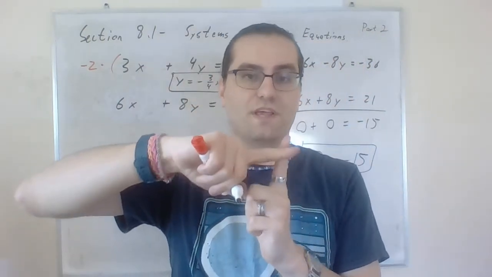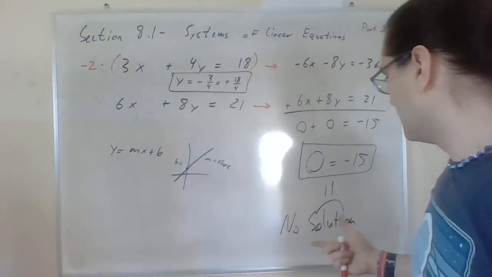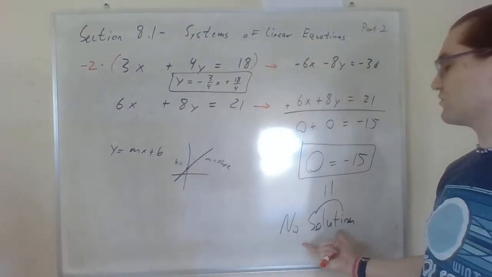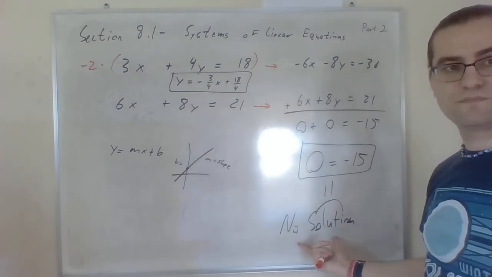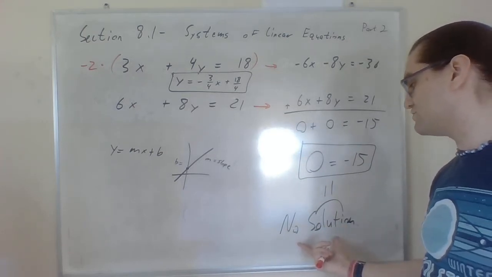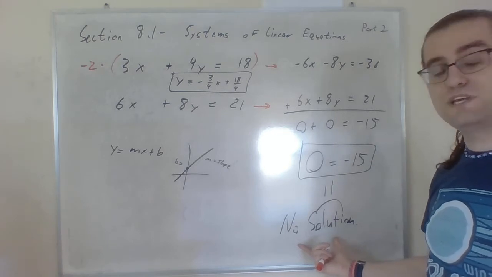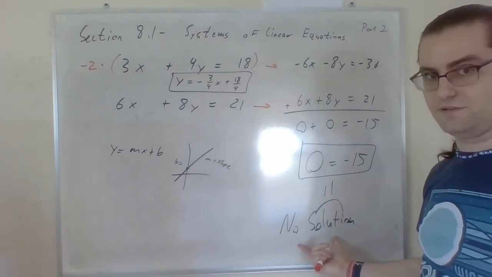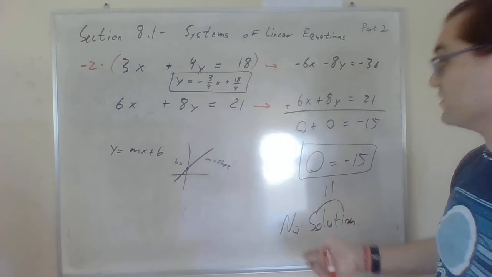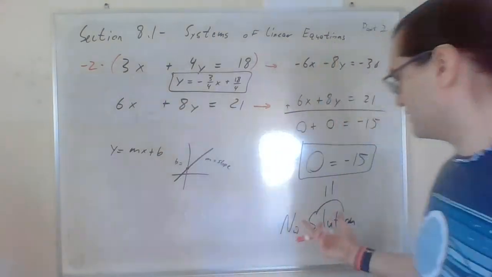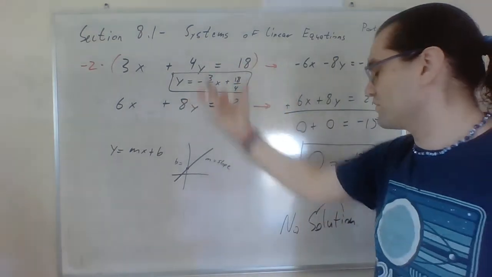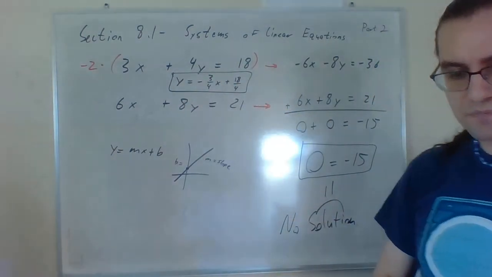When you have two linear equations that don't have a solution, that means they don't intersect, which means they're parallel. So, as lines, these two guys are parallel, they never intersect. There's no point that satisfies both equations, there's no solution.